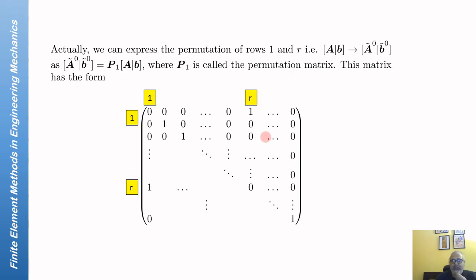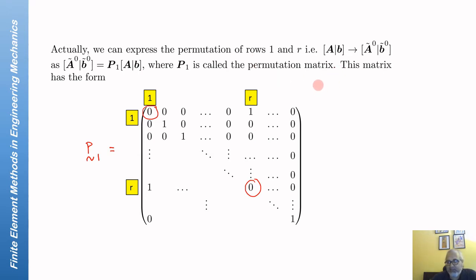So if you define a permutation matrix, this is my permutation matrix P1, where you are going to swap rows 1 and R. This permutation matrix has ones all along the diagonal, except at 1 1 and RR where it has 0, and then at AR1 it has 1, and A1R it also has 1. And you can easily see that this matrix multiplying another n cross n matrix will swap rows.